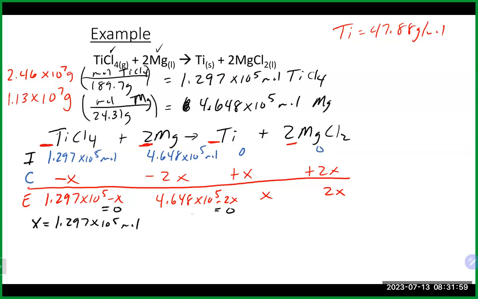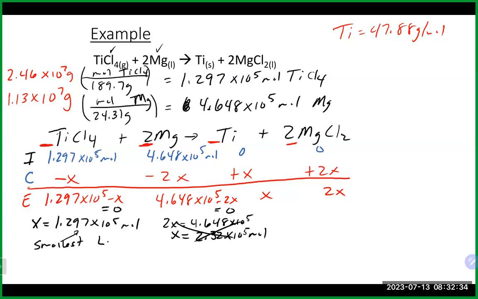The second guy is 2X equals our 4.648 times 10 to the 5th, so we divide by 2. 4.648 times 10 to the 5th divided by 2 is going to give us 2.32 times 10 to the 5th moles. Once again, we are looking for the smallest number. And it looks like that guy right there is the smallest. So we do not need this guy. So this is our smallest.